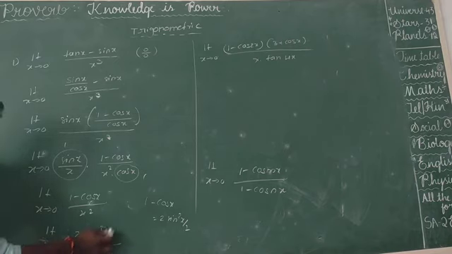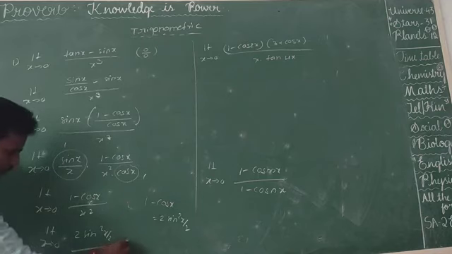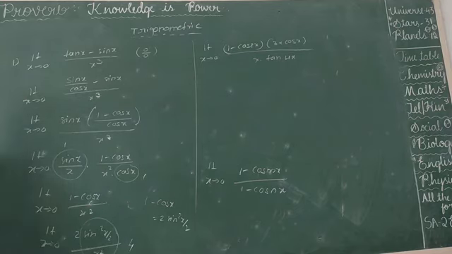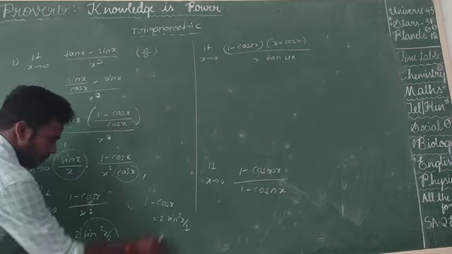But here sin square x by 2 needs x by 2 whole square, and here x square only is there, the by 2 is not there, that's why by 2 square, into 2 square. Now it becomes the same thing, sin x by 2 by x by 2 whole square. This value becomes 1. So 2 into 4, that's it, 8.